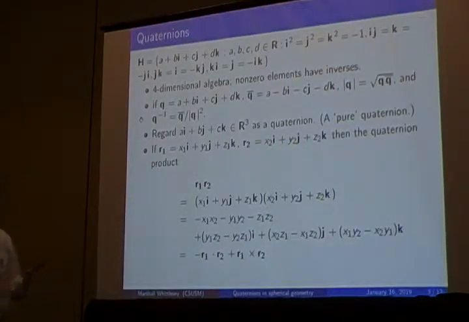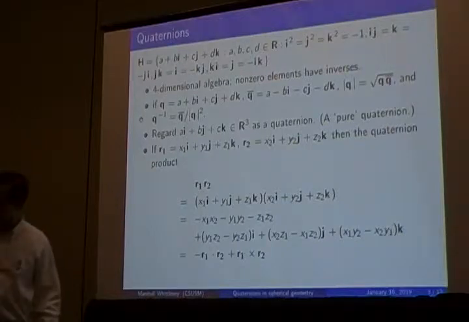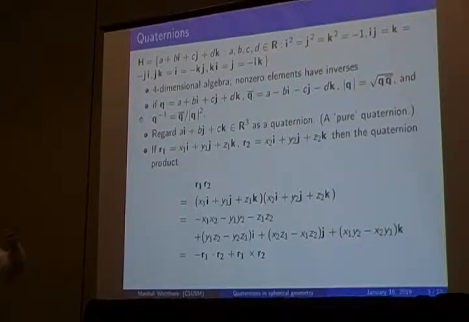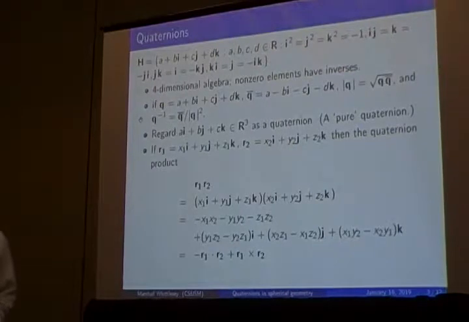So this to me is the thing that connects the quaternion product with the vector products that we're used to. The quaternion product of 2 pure quaternions is minus the dot product plus the cross product. And to me, this is the answer to any student in vector calculus who might ask why there are 2 products for vectors. Well, there aren't.